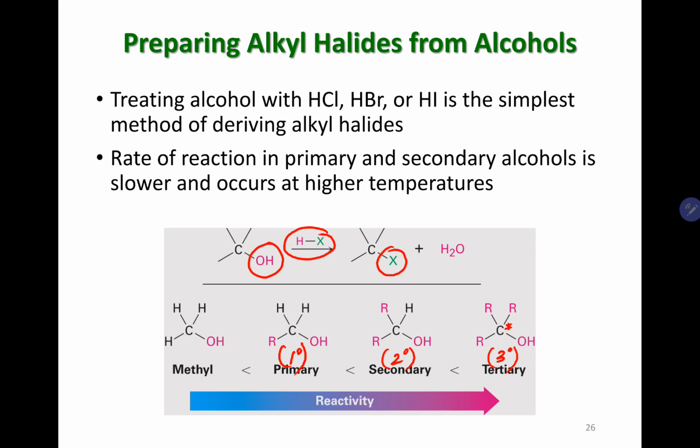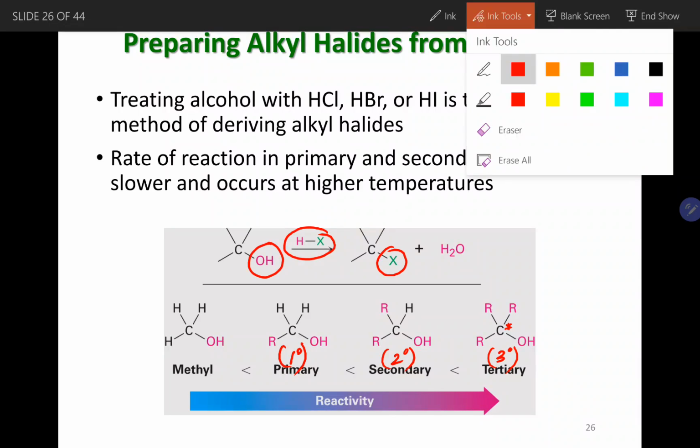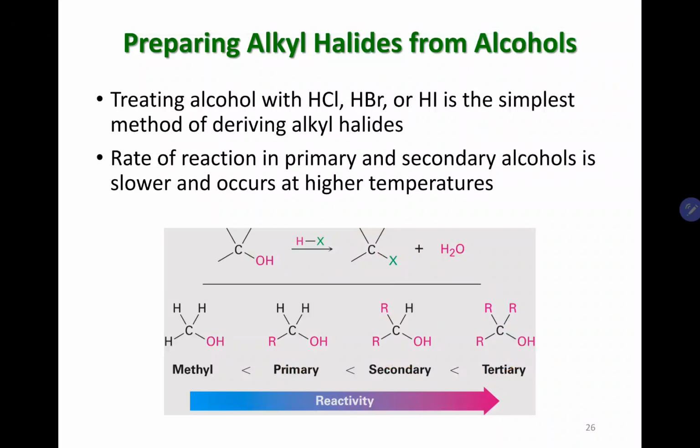So this particular reaction, treating alcohols with an acid such as HCl, HBr or HI, is mostly suitable when you have a tertiary alcohol, which means the alcohol carbon has no hydrogens.